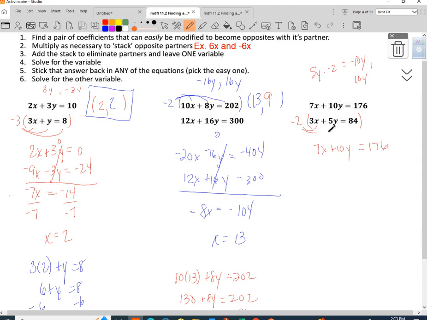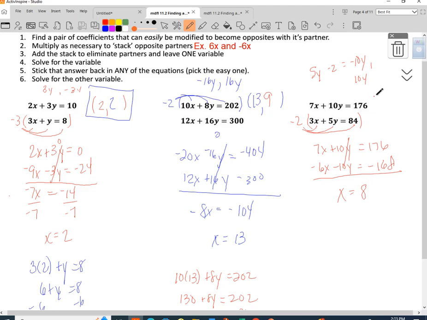And now I'm multiplying all my terms here and rewriting it. Oh, that's 68, not 78. Okay. Now when it adds them together, the y's go away. It gives me x equals 8.